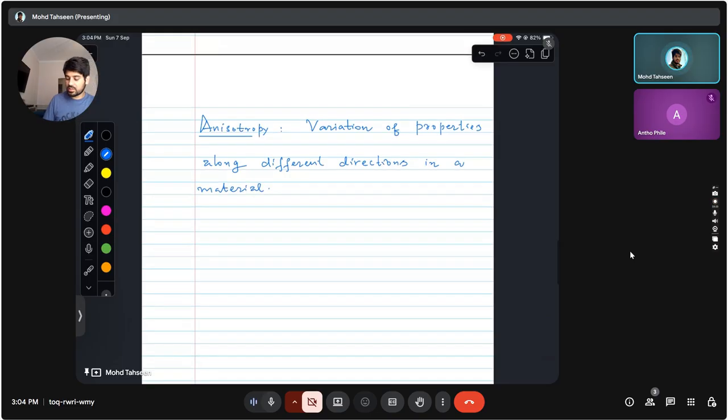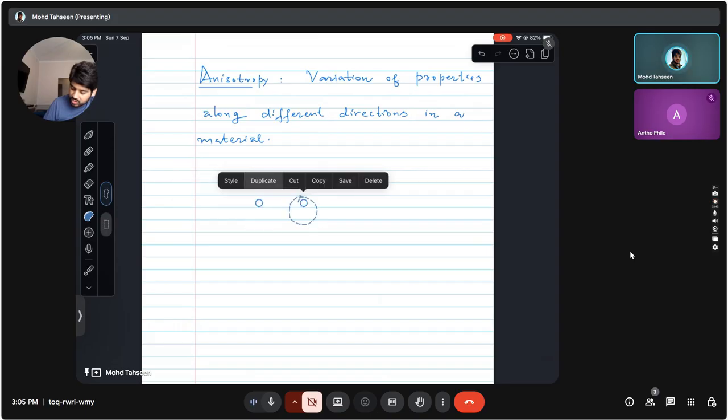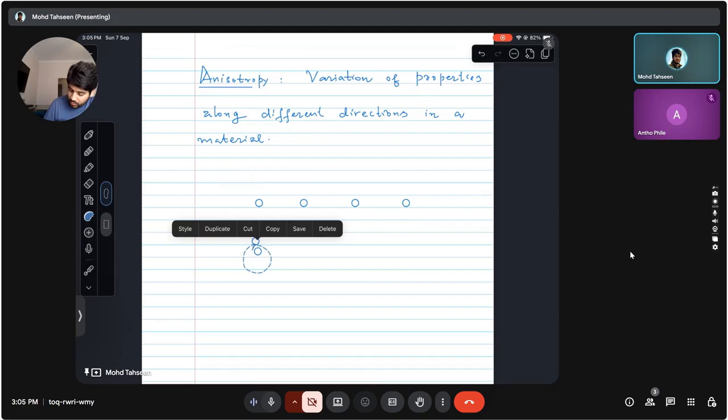Now the question is, why does this anisotropy happen? Why does it occur? Why are materials anisotropic? So the answer is that it stems from the basic structure in which the materials construct themselves, right? If we look at the atomic structure, for example, let's say this is some solid, say copper. Let's say this is the structure of copper.